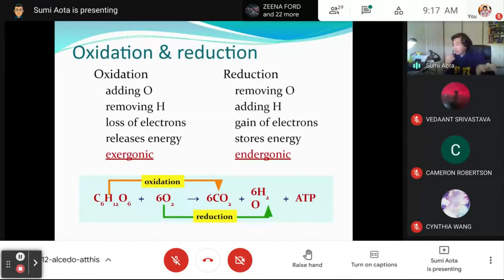So you need an energy source. Well, the energy source is removal of electrons from glucose, transferring them to oxygen, forming water, which causes the release of energy. That energy can be captured and used to make ATP.